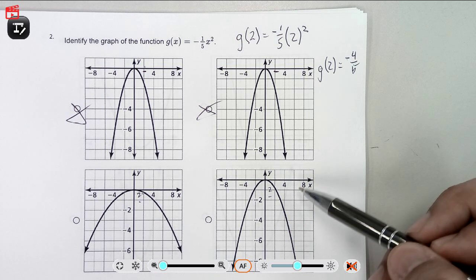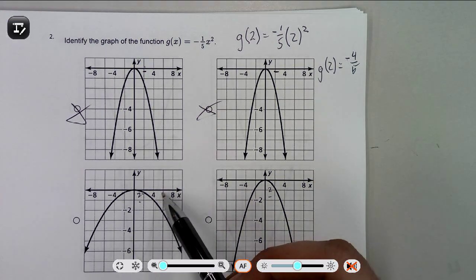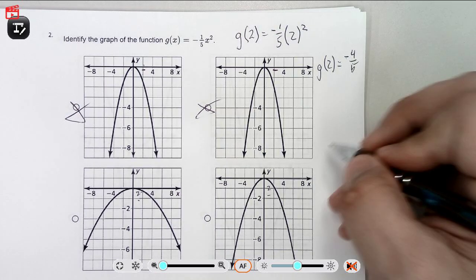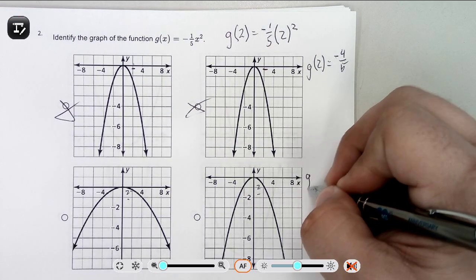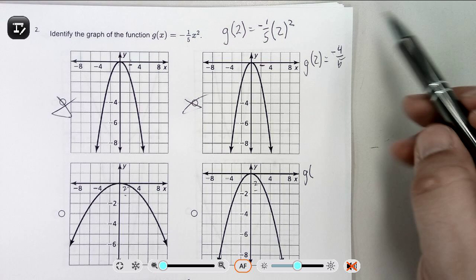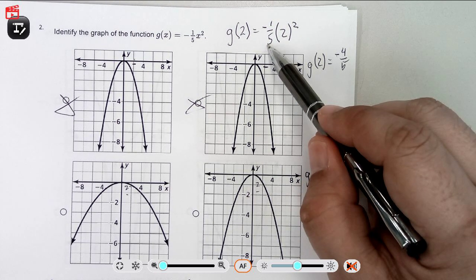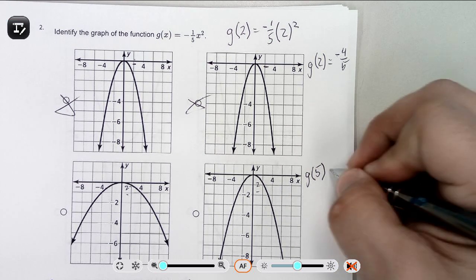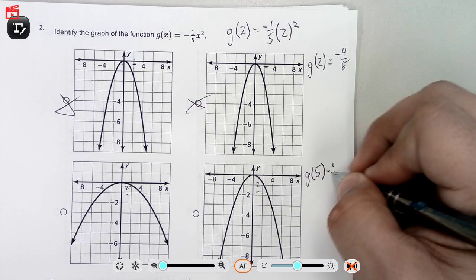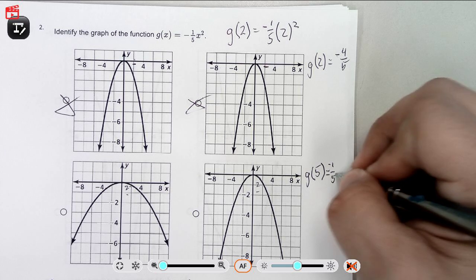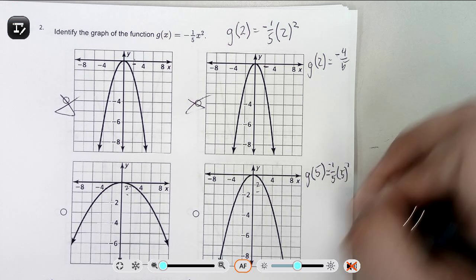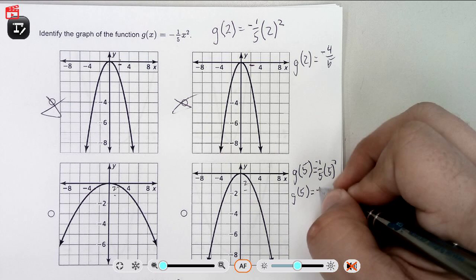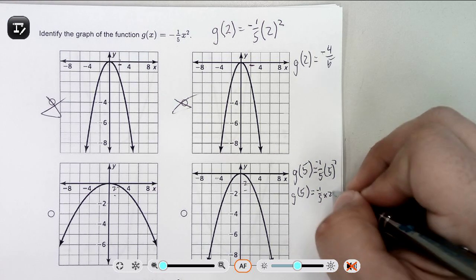Now I'm going to try g of 5. I probably should have done g of 5 first, to be honest, simply because since this is a 1/5, it makes it evenly divisible. But more math never hurt anybody. So g of 5 is negative 1/5 times 25.